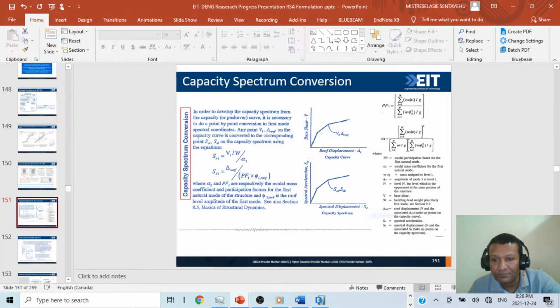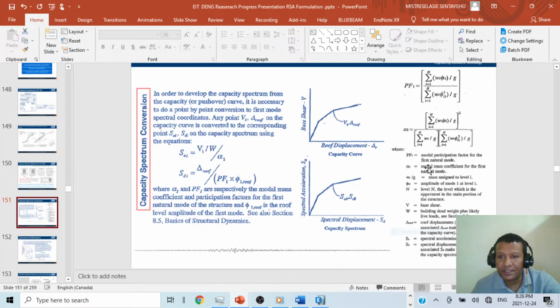What is alpha here? Everything is given: the modal mass coefficient for the first natural mode. What is phi? Phi is the amplitude of mode 1 at level i, so the mode shape. What is PF1? The mode participation factor for the first natural mode.